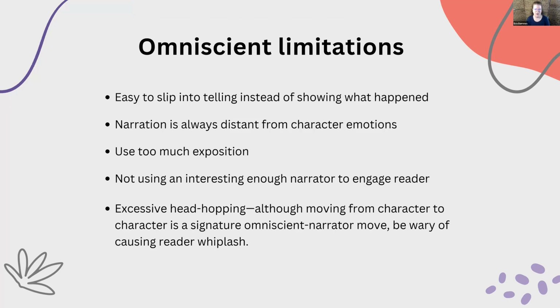And then also, if you pick a narrator that's not interesting enough to engage the reader, and then excessive head hopping. So we're going to talk a lot about head hopping, but although moving from character to character is a signature omniscient narrator move, just be careful of causing reader whiplash if you're moving back and forth between characters.